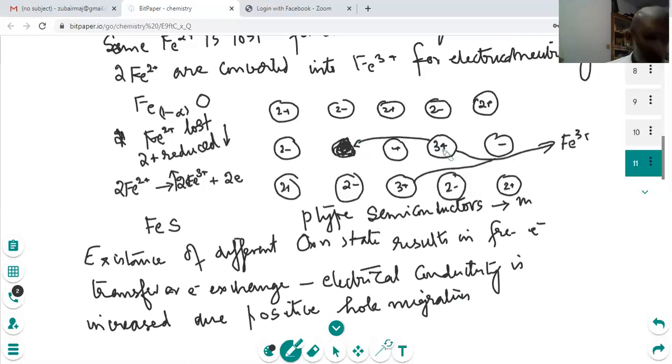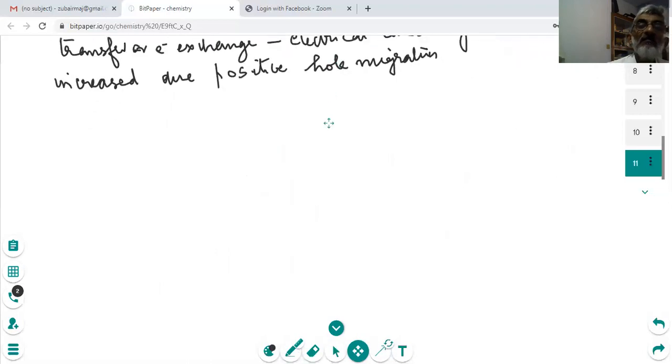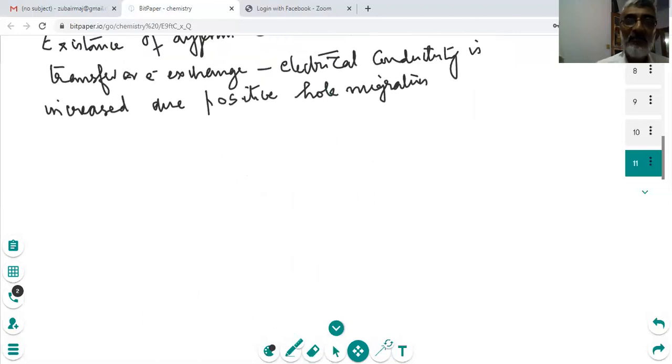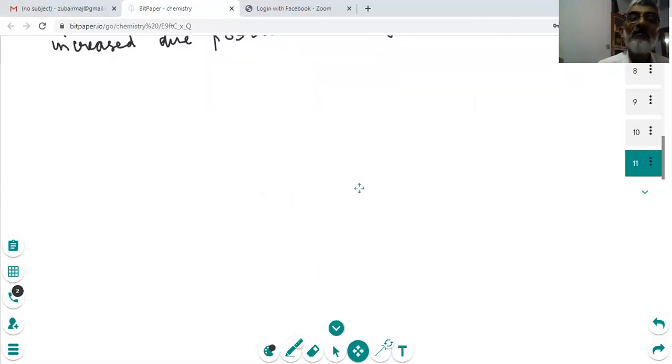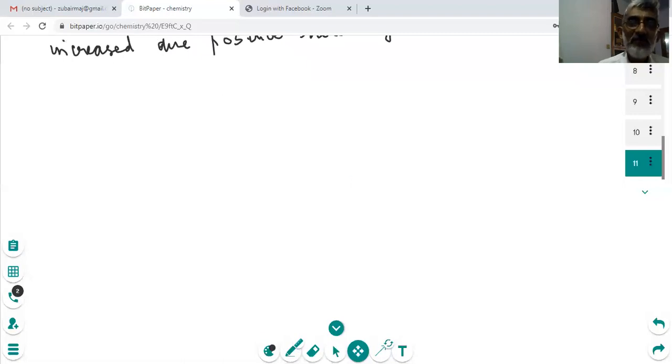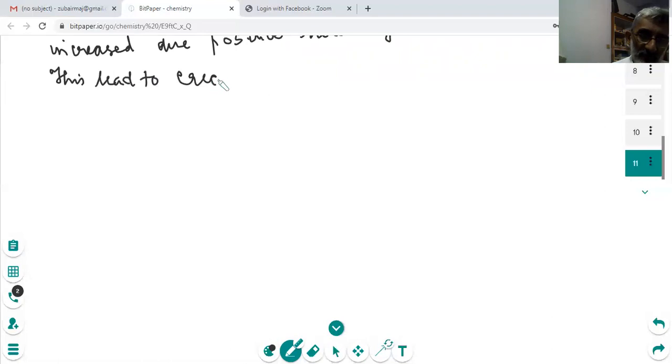So here a new vacancy will be created, and this will cause positive hole migration, and this leads to the creation of p-type semiconductors.